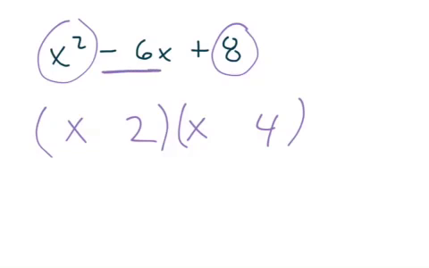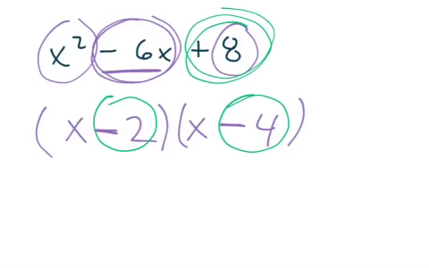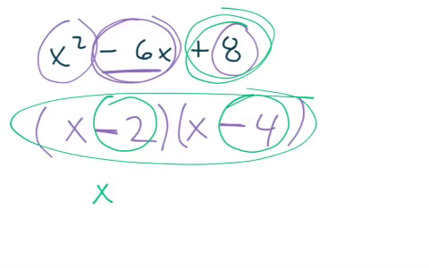How do I get the minus 6 in the middle? How about negative 2 and negative 4 together? Doesn't that make negative 6x? And of course, negative 2 times negative 4 is positive 8. This is my answer: x minus 2 times x minus 4.